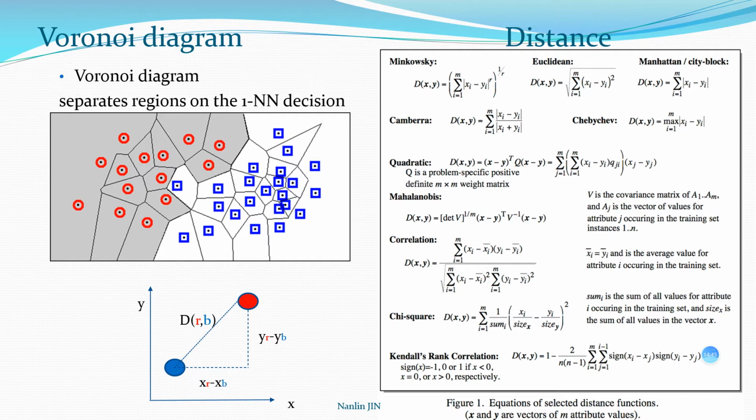This diagram on your top left is based on k equal to 1. In this diagram, we have no new object. The purpose of this diagram is to see the region of each sample.